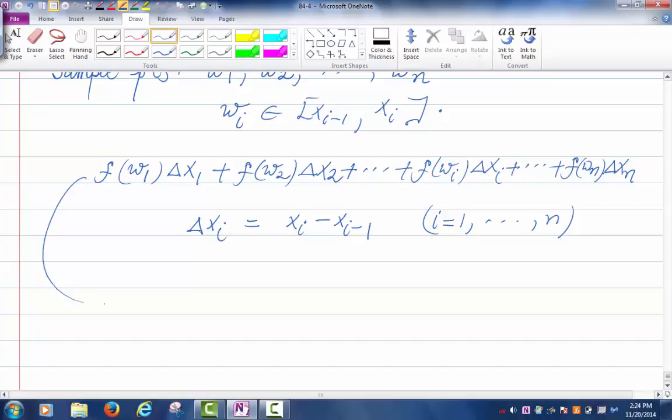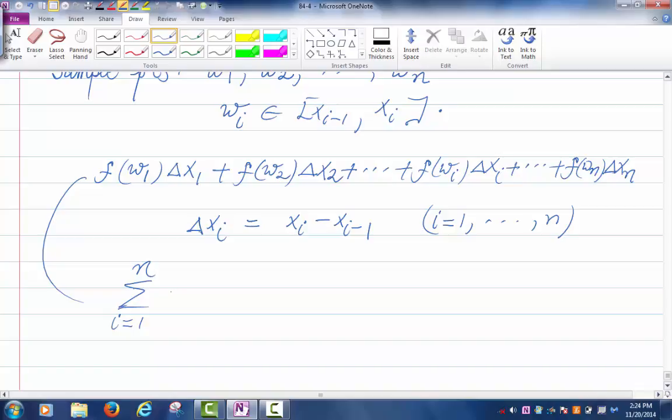We are going to express this sum using summation notation. I have n subintervals, and for each subinterval I have a summand, so I have n summands: i going from 1 up to n.